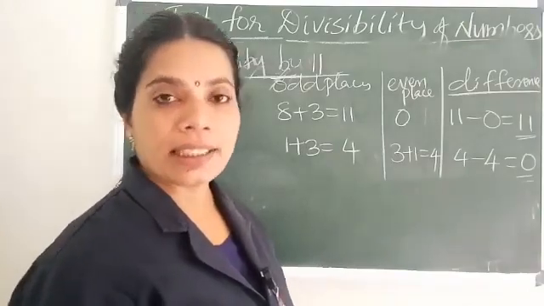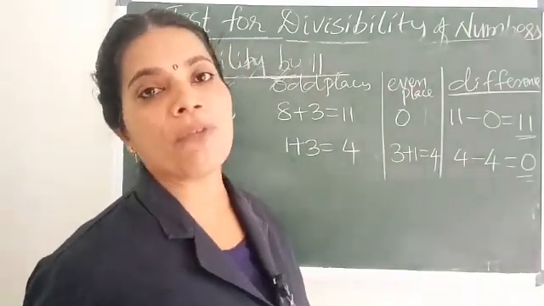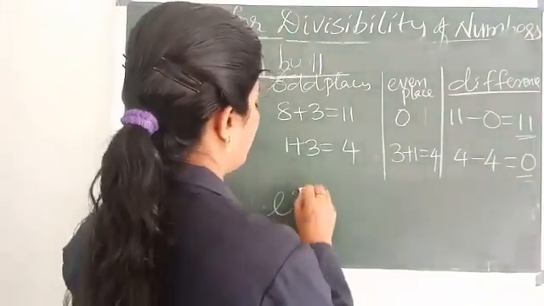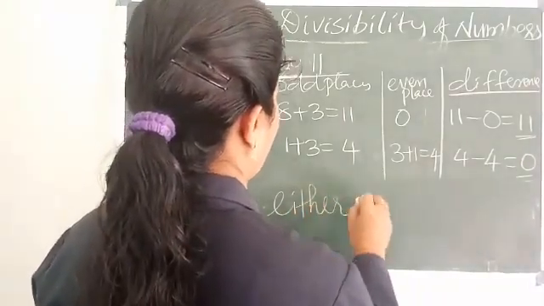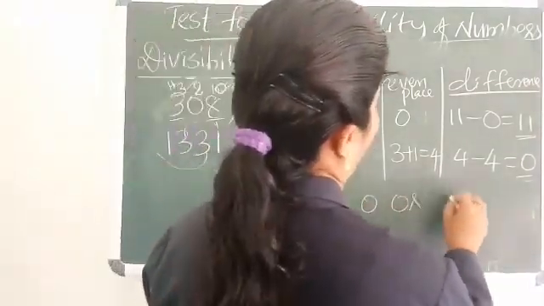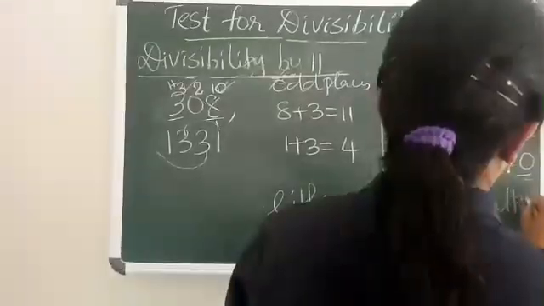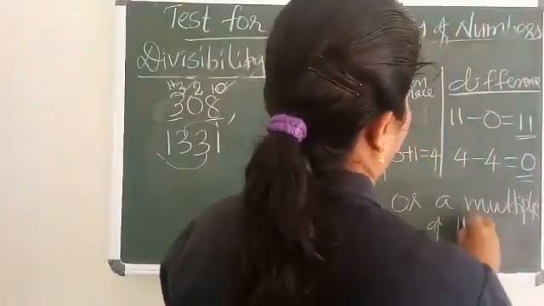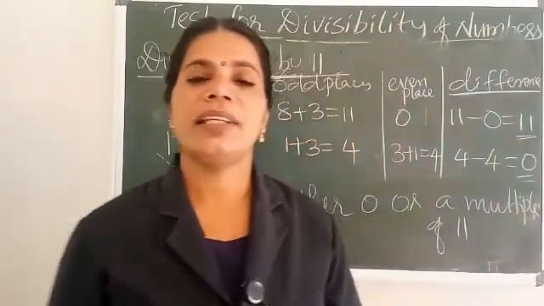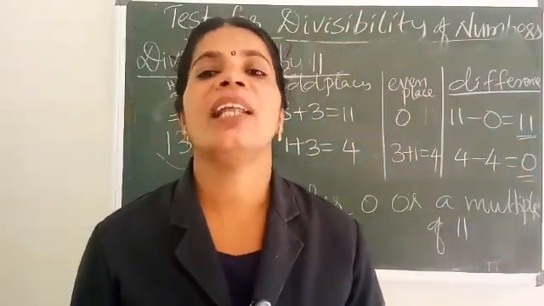If it is either 0 or a multiple of 11, then the number is divisible by 11.